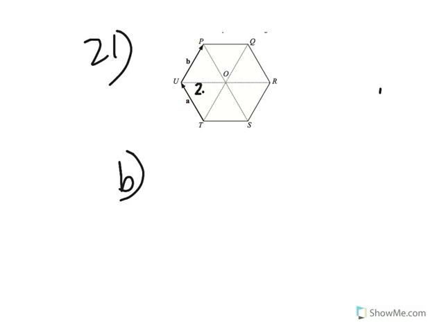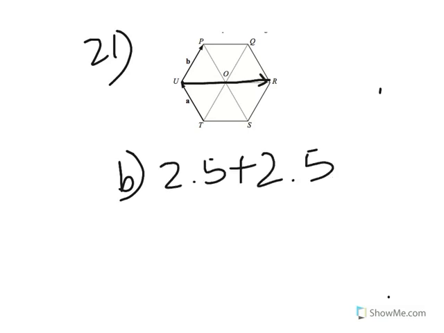So this small length over here is 2.5, and this length over here is 2.5. So the magnitude from U to R is nothing but 2.5 plus 2.5, and that'll give you an answer of 5.